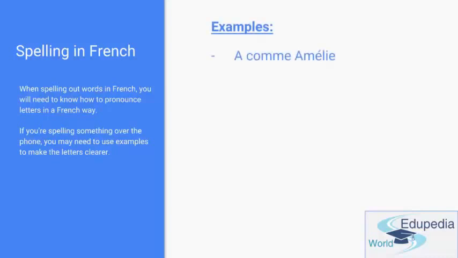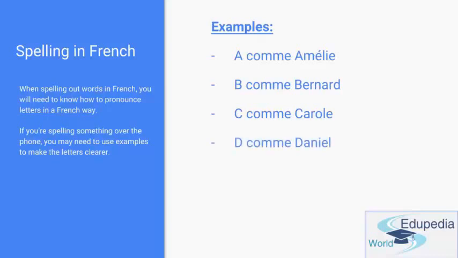First, we have A comme Amélie. A comme Amélie. Comme means such as or as. B comme Bernard. C comme Carole. D comme Daniel. E comme Eugène.